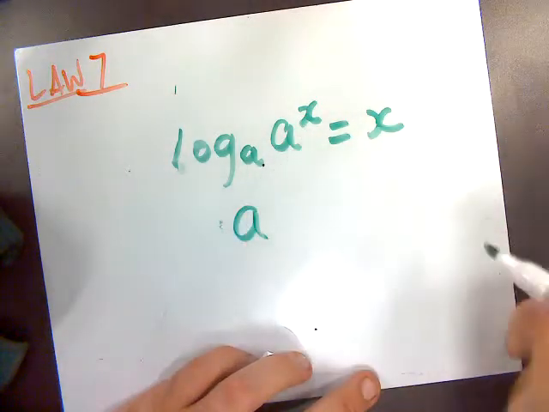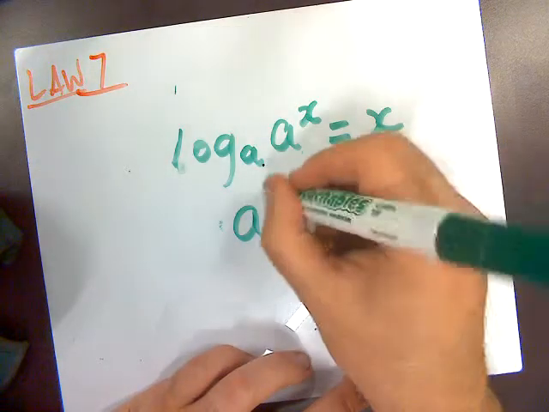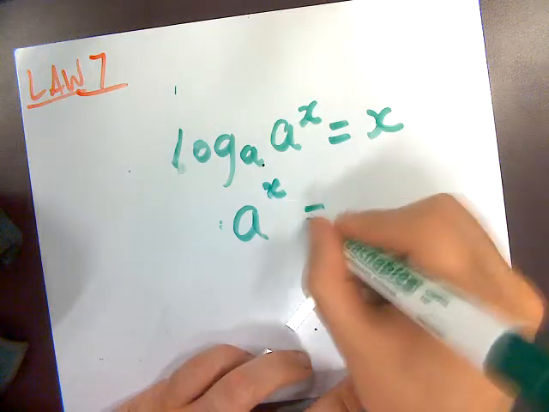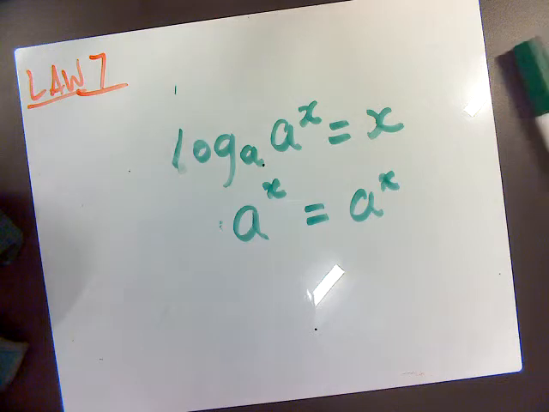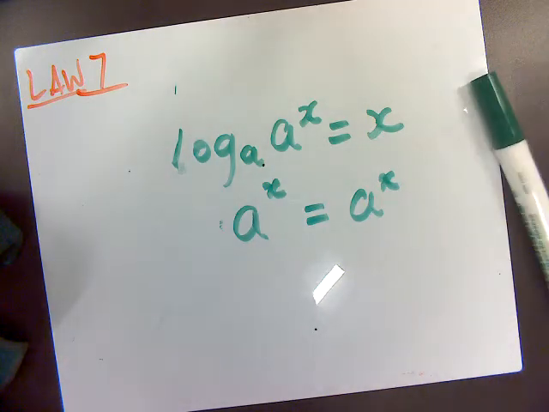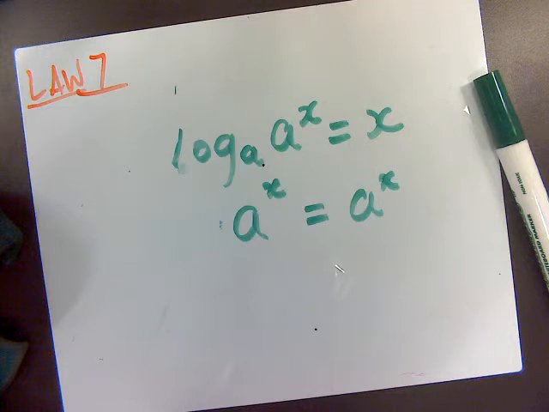So we're saying that a to the power of x is going to equal a to the power of x. Pretty straightforward stuff. But once you master all of those logarithm laws, you can do a whole lot of different things with them. We could go through some examples, but I will save that for another video. But that's your logarithm laws, 7 laws, pretty easy to use.